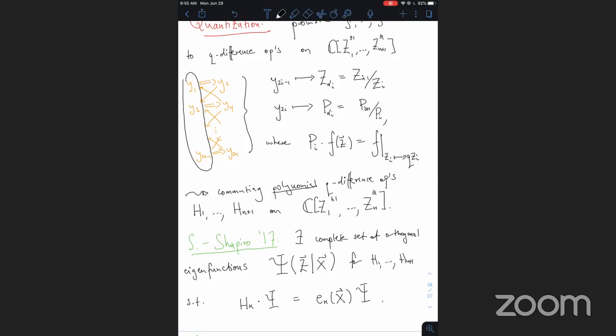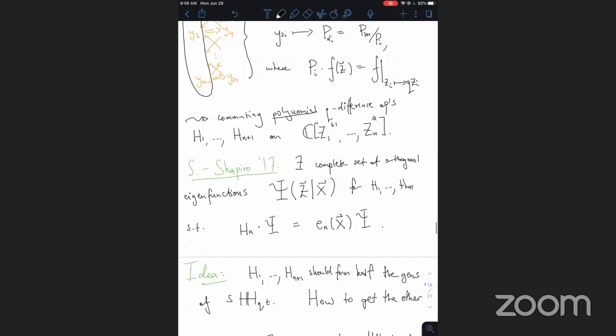The action of the kth Toda operator on the eigenfunction psi_x(z) with spectral label x is given by multiplication by the kth elementary symmetric function of the variables x. In other words, under the spectral transform for the Toda chain, these Toda Hamiltonians become operators of multiplication by the kth elementary symmetric function in a commutative set of variables x_1 up to x_n.